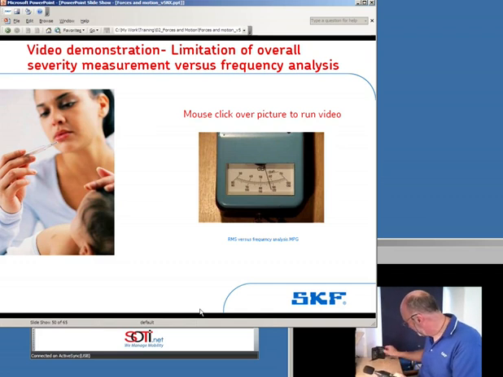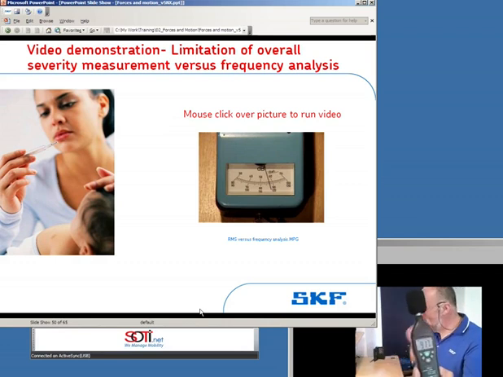So I'll switch that on. Start with the base reading. That base reading is 91.7. Do it again. 90.5.